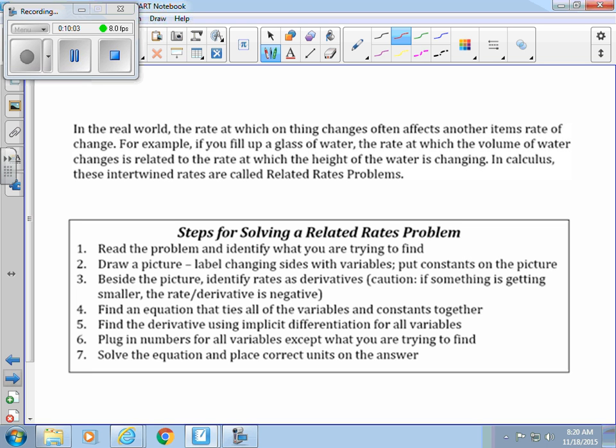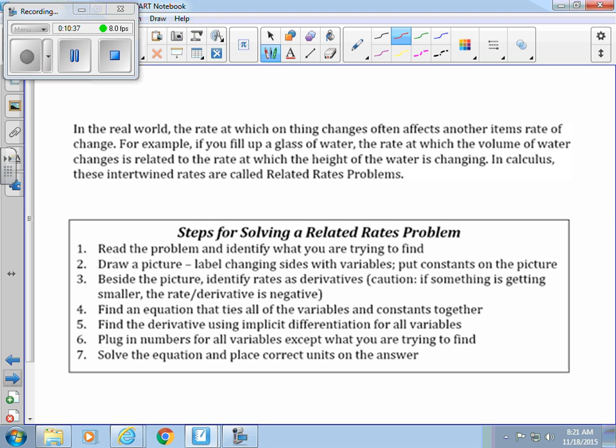You just now know that it's with respect to time. The only thing that's good about the other notation is it'll help you with units a little bit. As you saw on that first day when we were breaking down what dV over dt or dV over dr meant, you know that it's the change in volume over change in time, and so you would know what units to put. Other than that, there's no benefit to either notation. Plug in the numbers for all variables except for what you're trying to find, and solve for what you are trying to find.